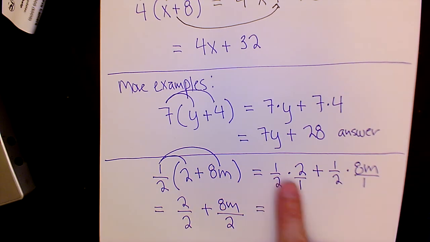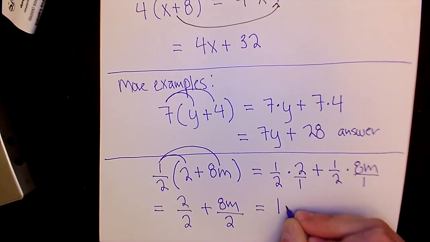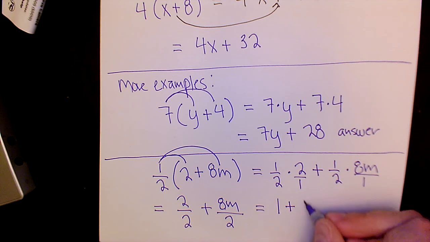I just took the 1 times the 2 times the 1. I took the 1 times 8m, which is 8m, and 2 times 1. And we learned already that the same number over the same number is just 1. And then 8 divided by 2 is 4, and bring the m over.